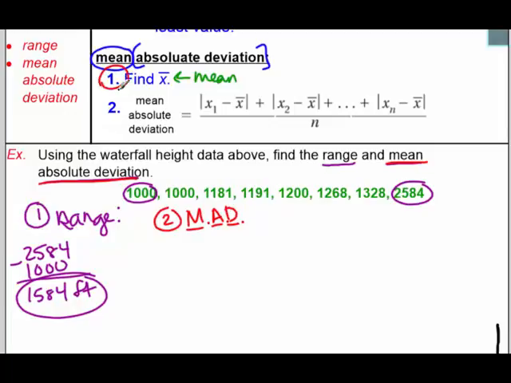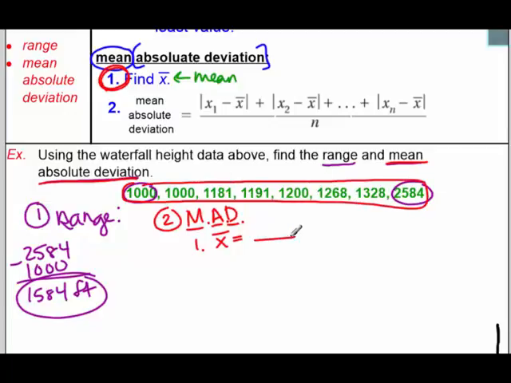So it looks like our first step in calculating the mean absolute deviation is we've got to calculate the mean of this. So again, I'm going to have you pause, grab your own calculator, add up all 8 data points here. That's going to give you this number on top, and divide it by 8 because that's how many data points there were. So go ahead and pause.